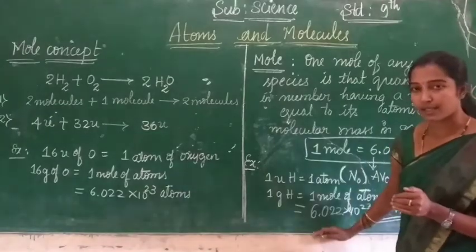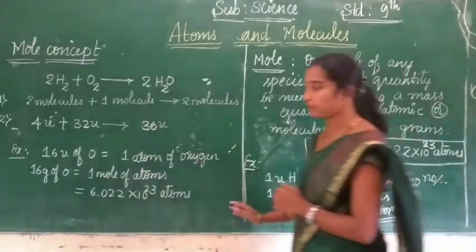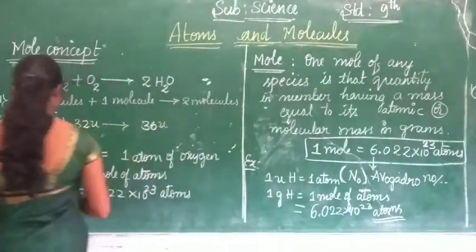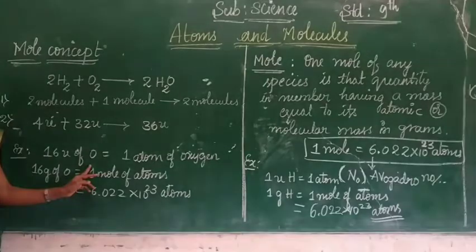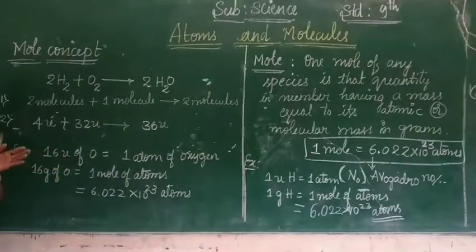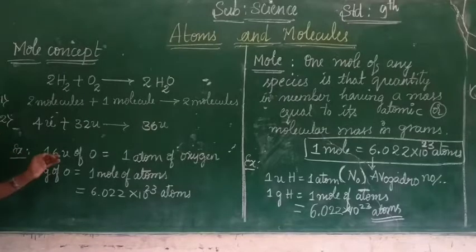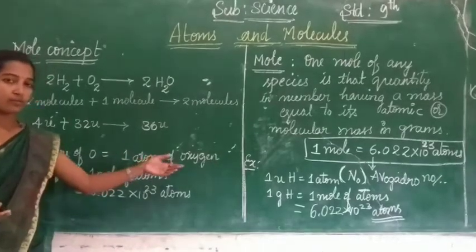Now let us understand the mole concept with another example, children. See now, 16 u of oxygen. We know that the atomic mass of oxygen is 16 u, and this shows one atom of oxygen.